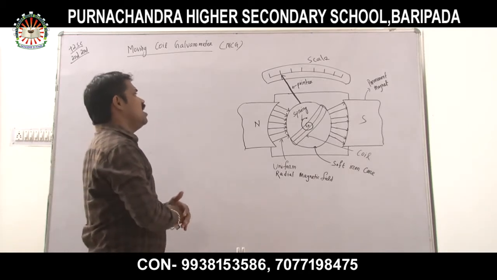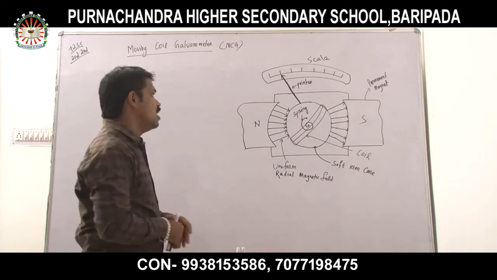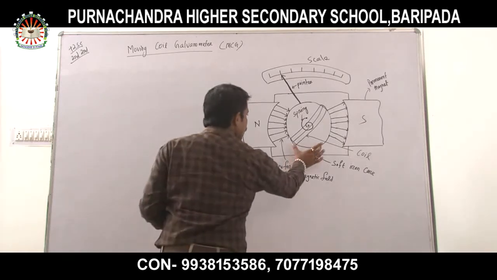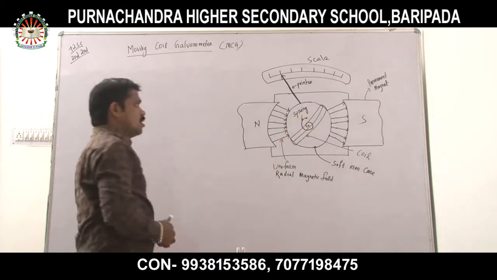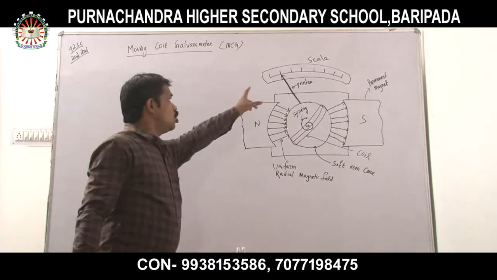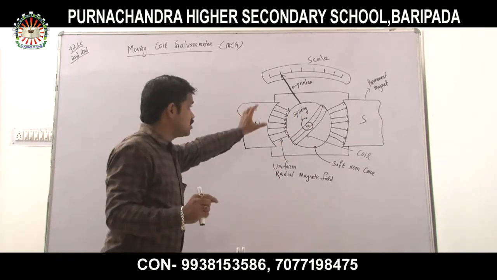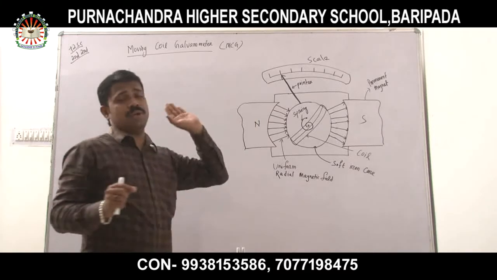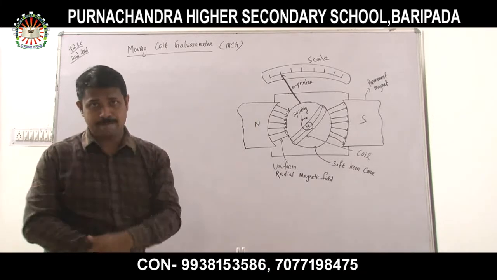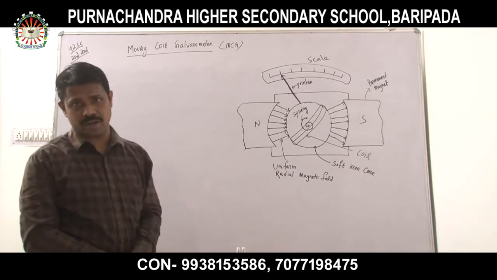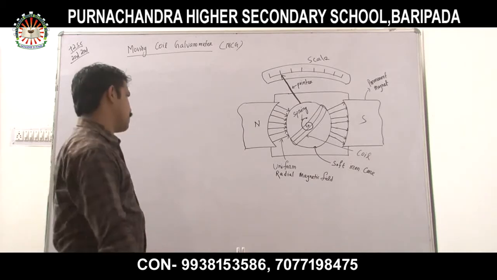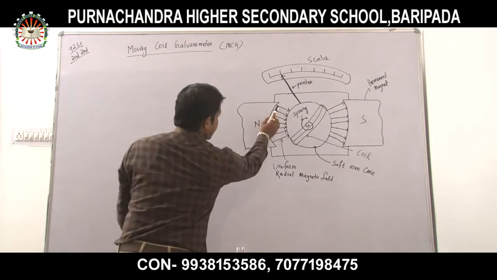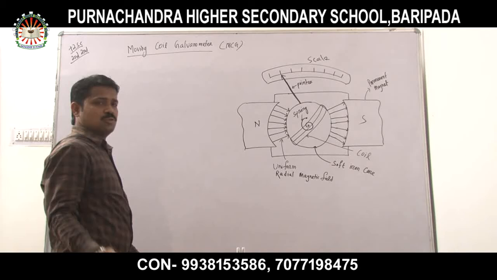The reason is that the radial magnetic field will generate more magnetic field in the core part, which, listen very carefully, helps to measure with the moving coil galvanometer perfectly. This is the reason why we take the radial magnetic field. Understood? The lines are generated from the North Pole, ending at the South Pole. Very simple.